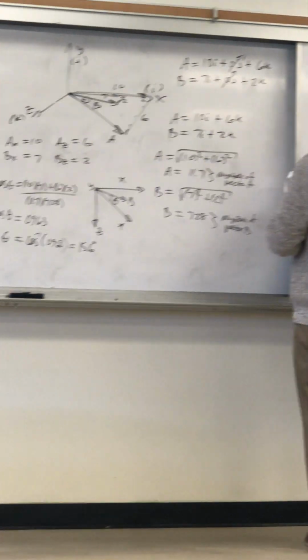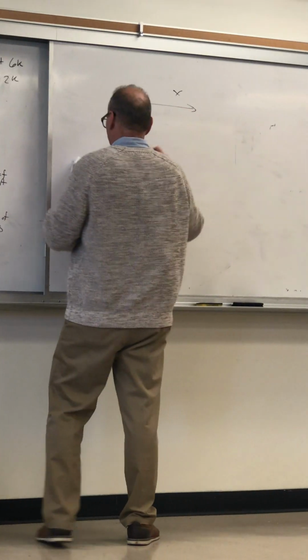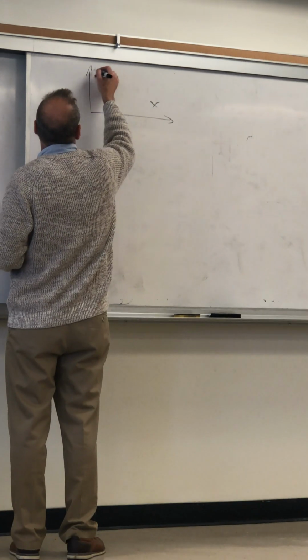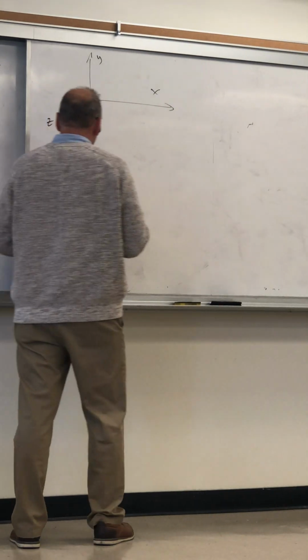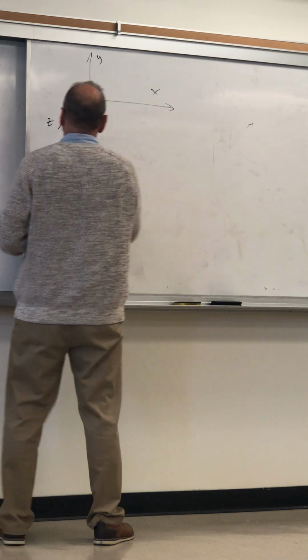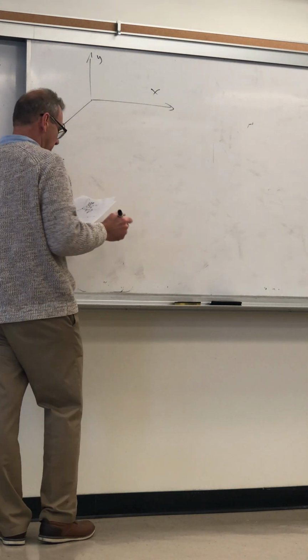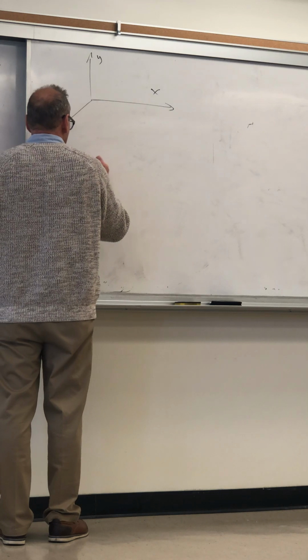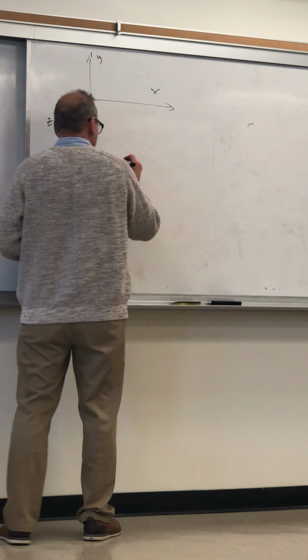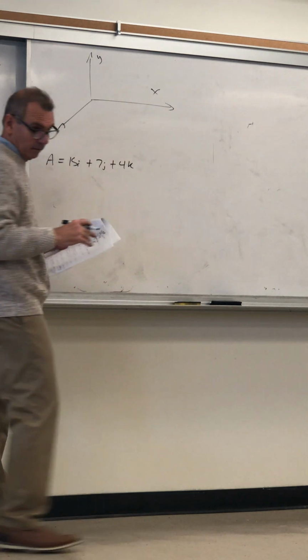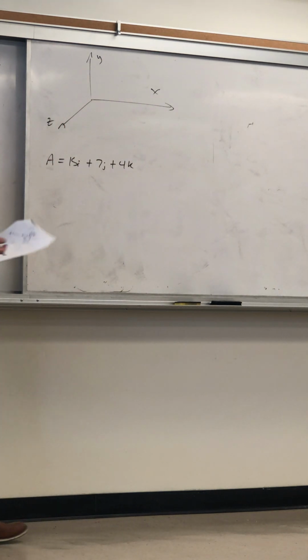Now let's say we've got the axes X, Y, Z. We have A vector is 15I plus 7J plus 4K. So it's in all three dimensions now we're defining it.